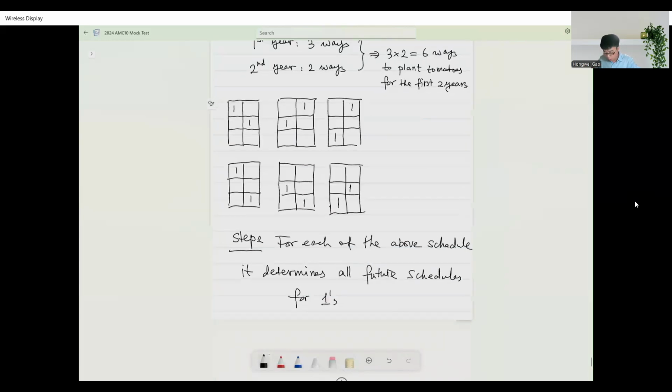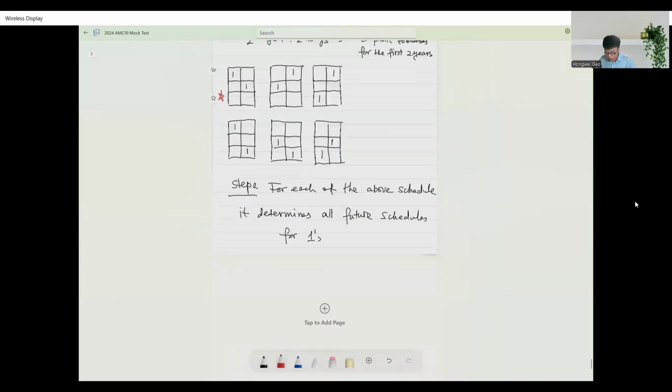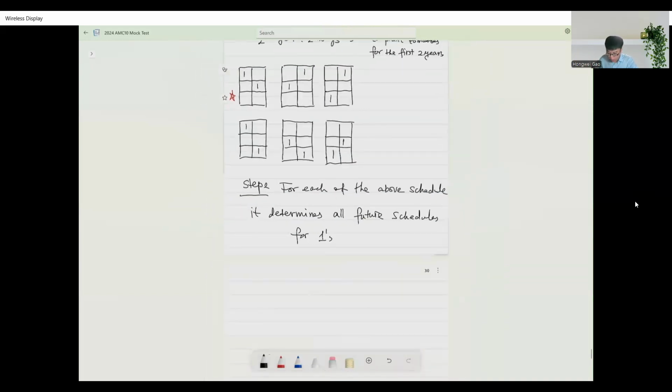So let me just take one example. For the other cases, we have similar discussion. So if the first year is on the top, the second year is in the middle, we claim that the future years are just fully determined.